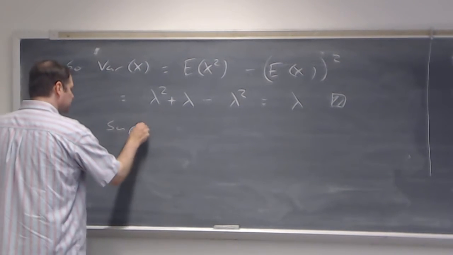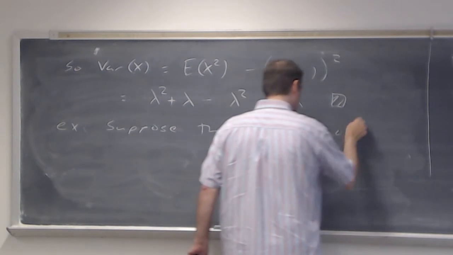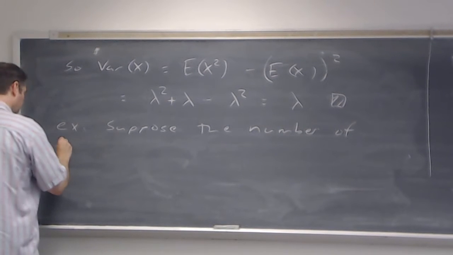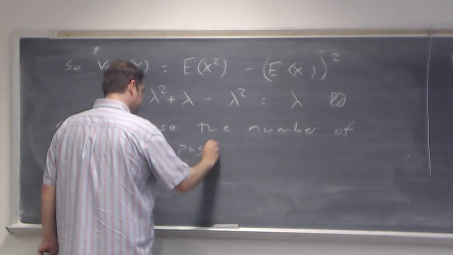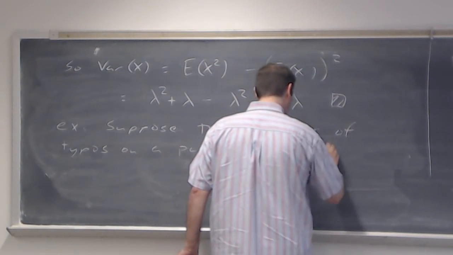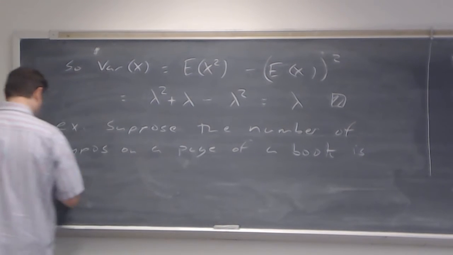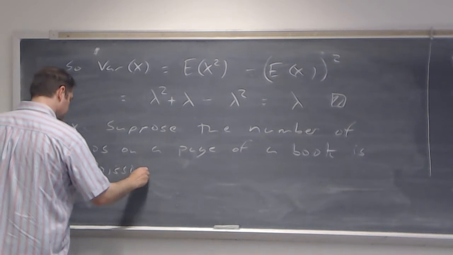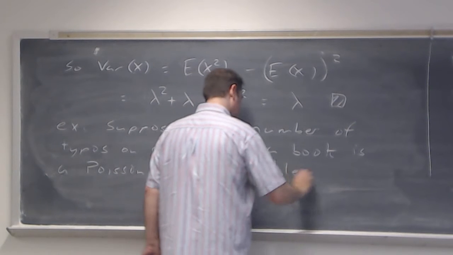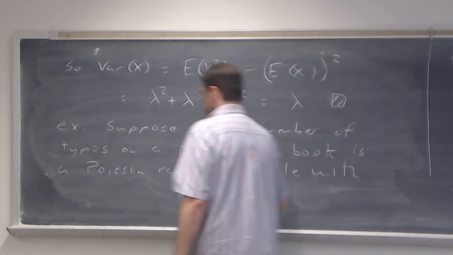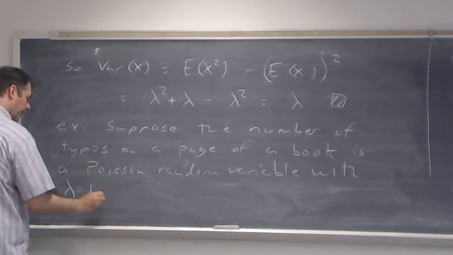Let us now look at an example. Suppose the number of typos on a page of a book is a Poisson random variable with lambda equal to 1.